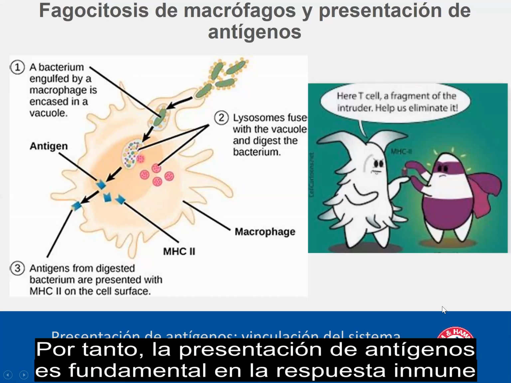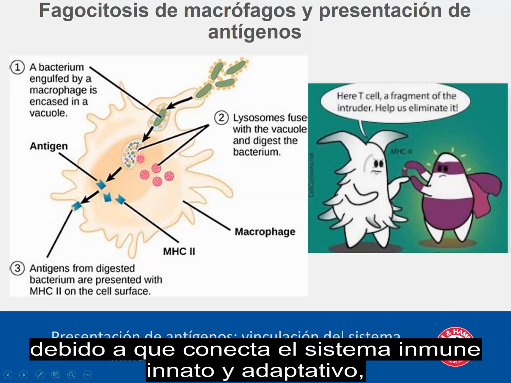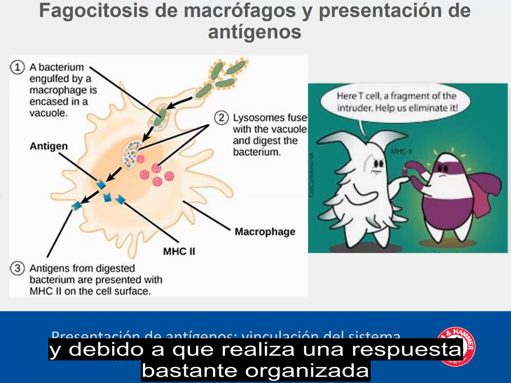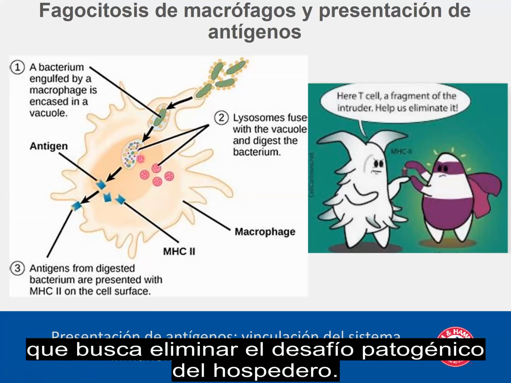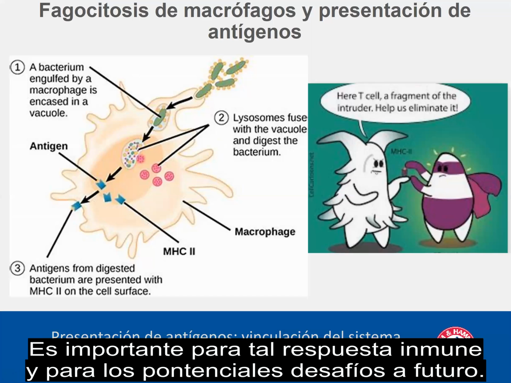So antigen presentation is really key in a whole immune response because it links the innate and the adaptive immune response. And it really makes a whole orchestrated response focused on eliminating that pathogenic challenge in the host. So it's really key to that whole response and the subsequent things that follow.